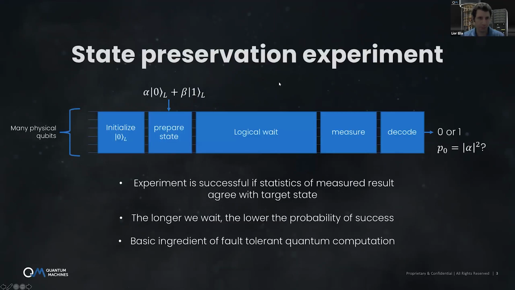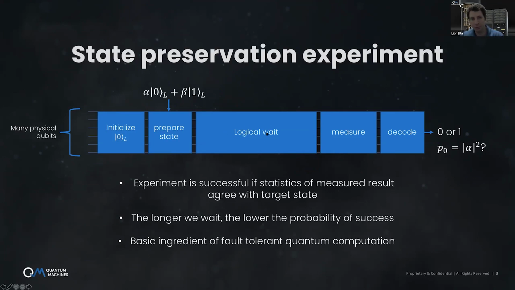In order to understand the basic idea, let's start by discussing a specific, basic problem in quantum error correction, which is state preservation. If we're running a state preservation experiment, what we're actually going to do is take many physical qubits, initialize them, and then encode on them one logical qubit, in our example, in some arbitrary state.